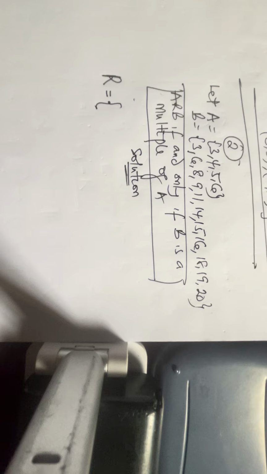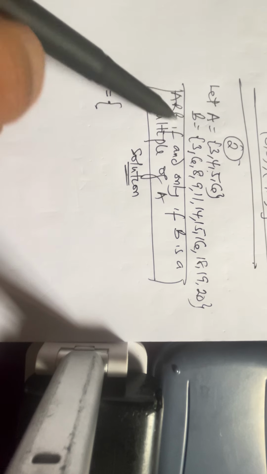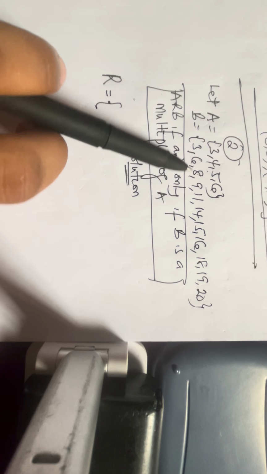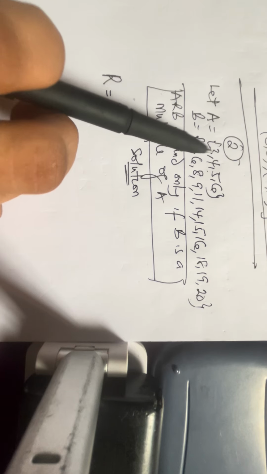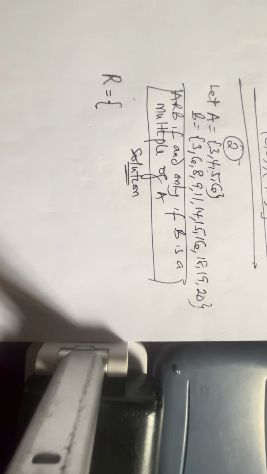The word multiple in this context means a value in set B that would be divided by the values in set A without a remainder.